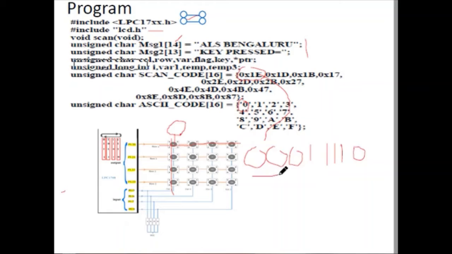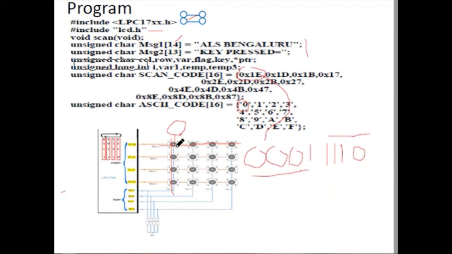So the first 4 bits represent the row, and the next 4 bits represent the column. Here P1.23 is the MSB bit. All these columns are by default connected to the VCC. Once you press this button, it will be grounded.